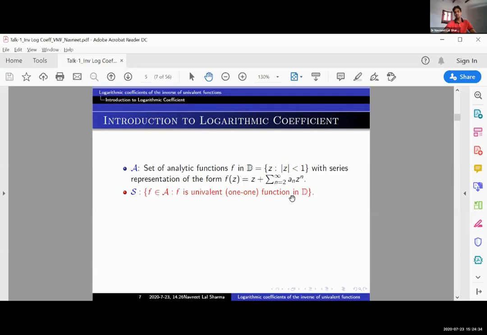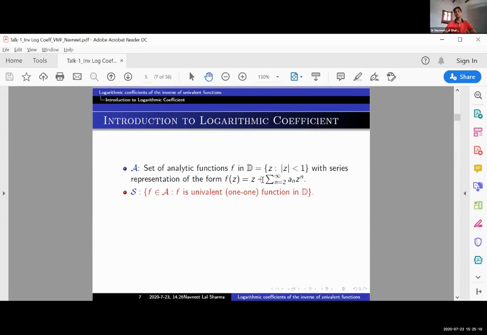If we divide by the first coefficient, then we will get f of z equal to z plus a2 by a1 z square plus a3 by a1 z cube, and so on. Then we can give another notation for a_n by a1, as you can say, b1, b2, b3. And this is normalized, because we are normalizing this, then we are getting this condition. Also we can say this is a normalized analytic function which satisfies the condition f at origin is 0 and f prime at origin is 1.